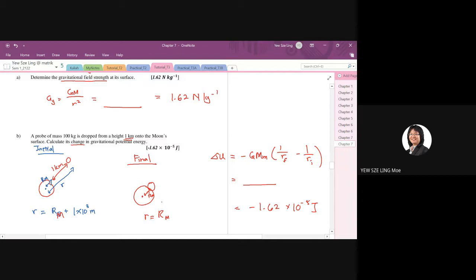Remember to sketch a simple diagram in your answer, so that you can see why my R equals R_m plus 1 km, and why my R is just R_m at the final state. In our class, we focus on why: why we want to use this value, why we want to use that value.